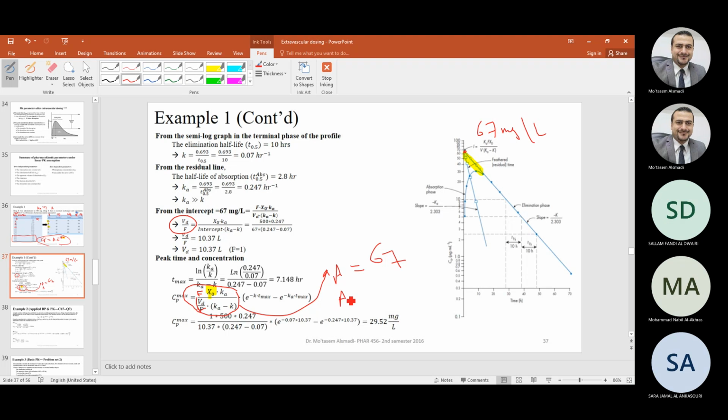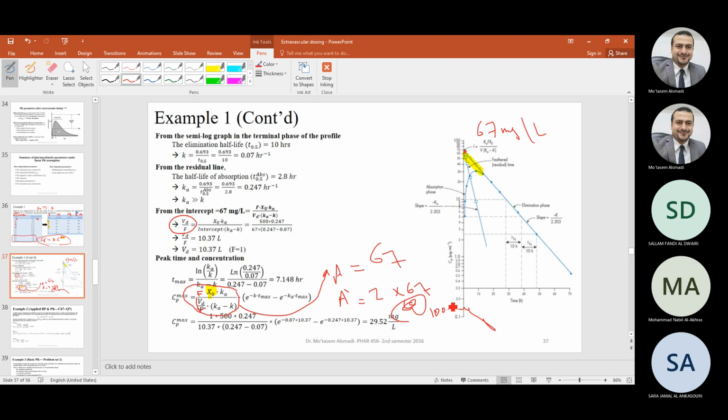So let's call it A prime. A prime will be 2 multiplied with 67 at a dose of 1000 milligrams. Or simply, the Cp max will be double this value. If this is a Cp max from 500 milligrams, the Cp max from 1000 milligrams will be double this value.